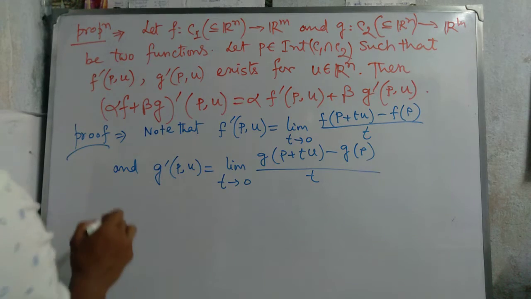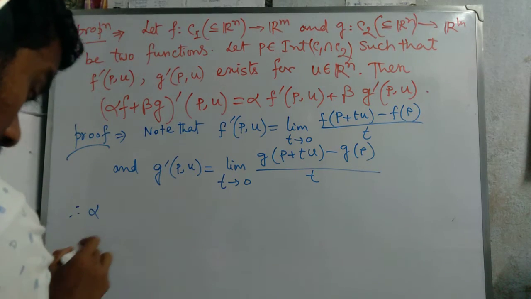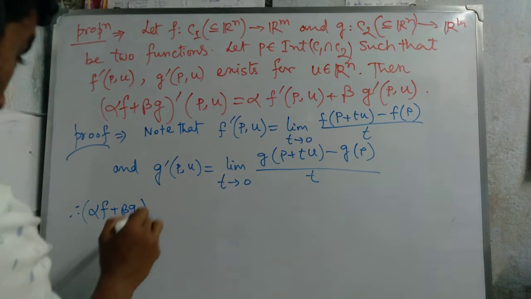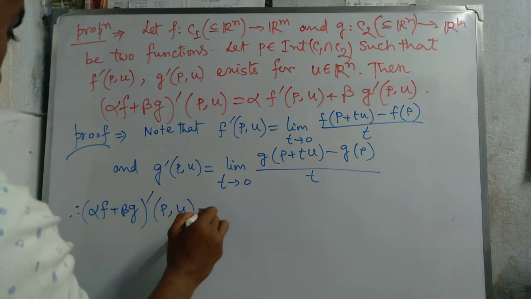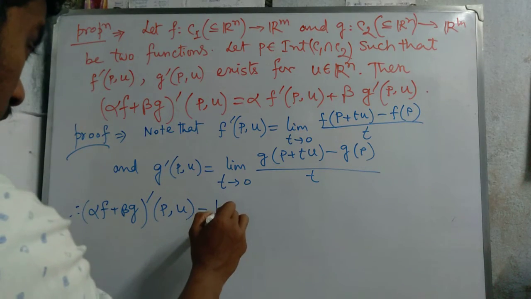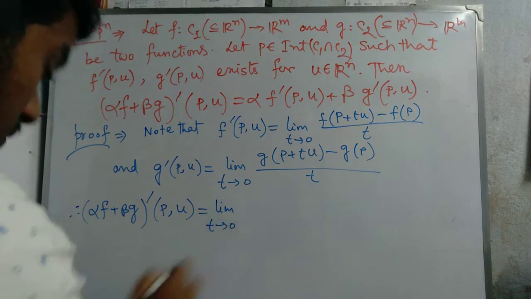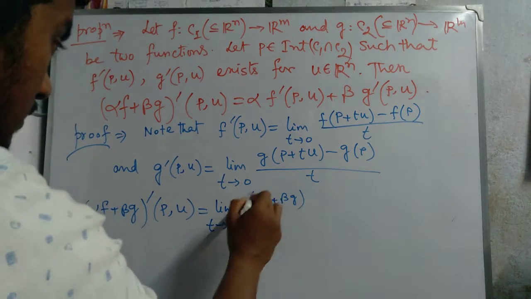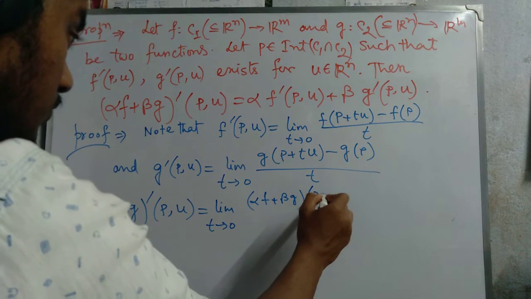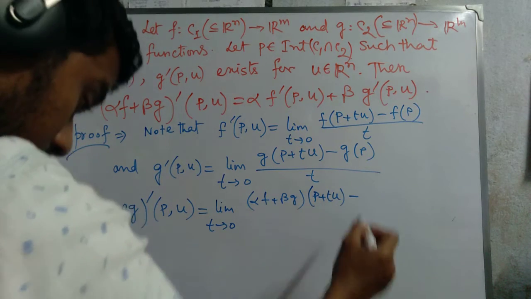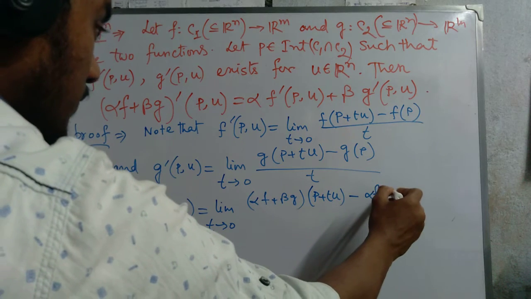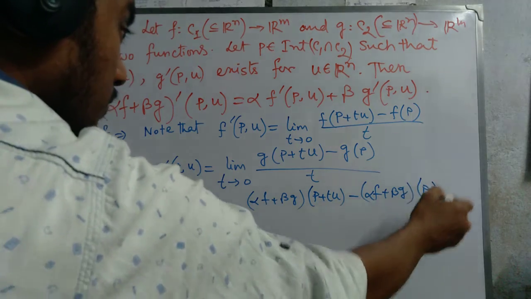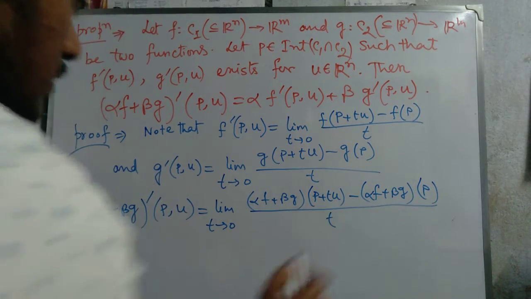Okay. Then (alpha f plus beta g) dash(p, u) equals limit t tending to 0 of (alpha f plus beta g)(p plus tu) minus (alpha f plus beta g)(p), by t.